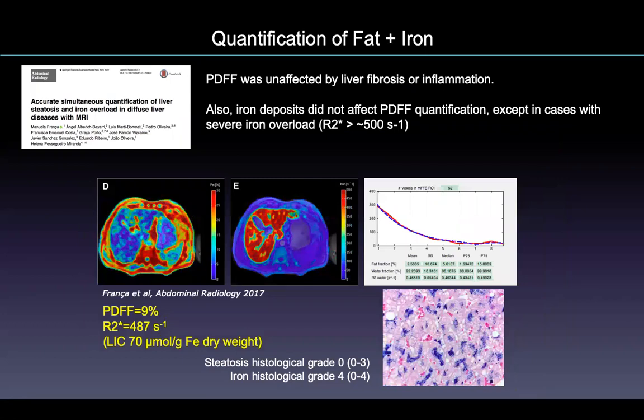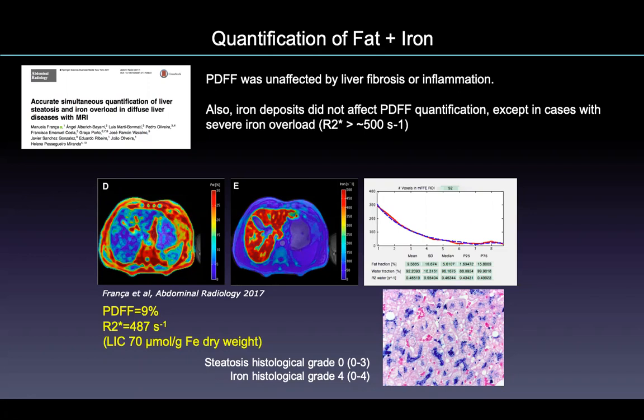In fact, PDFF was unaffected by liver fibrosis or inflammation, and iron deposits did not affect PDFF quantification except in cases of severe iron overload, because the large iron content can lead to extremely low MR signal in gradient echo sequences.